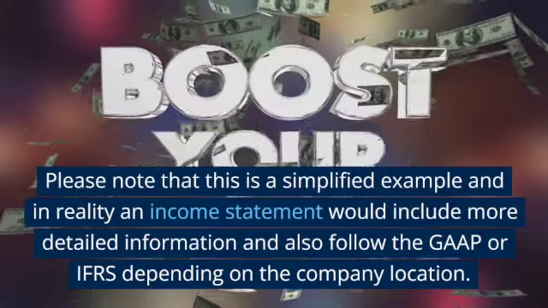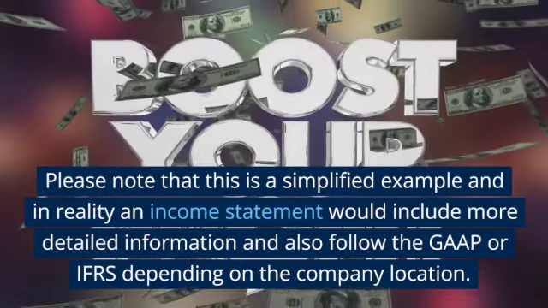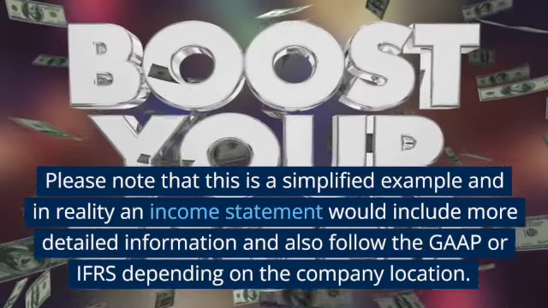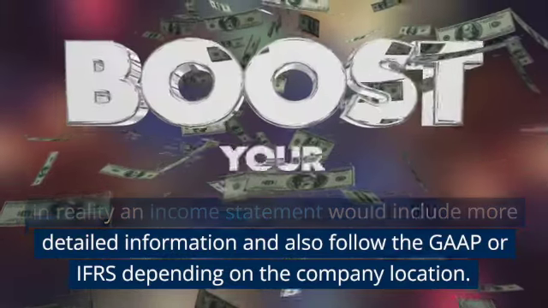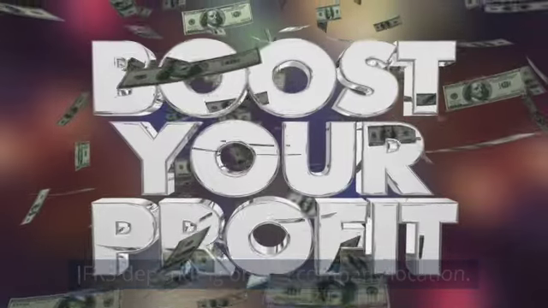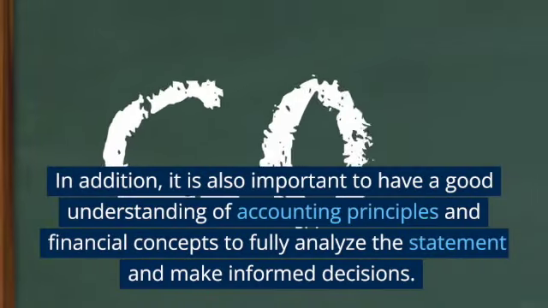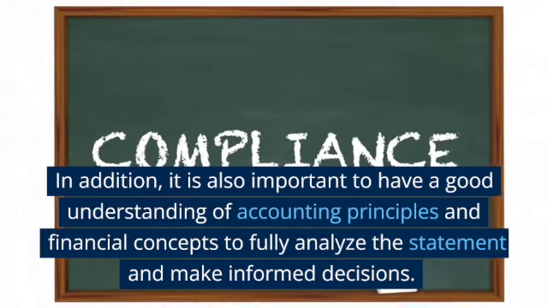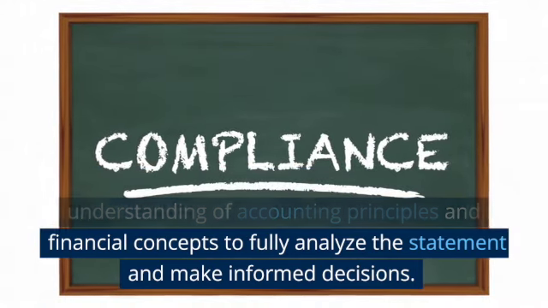Please note that this is a simplified example, and in reality an income statement would include more detailed information and also follow the GAAP or IFRS depending on the company location. In addition, it is also important to have a good understanding of accounting principles and financial concepts to fully analyze the statement and make informed decisions.